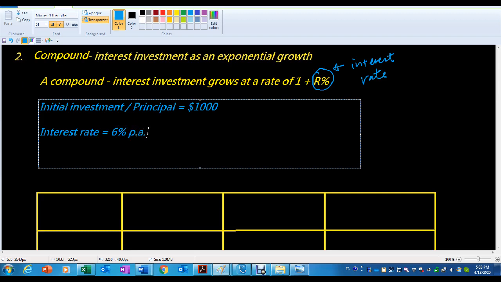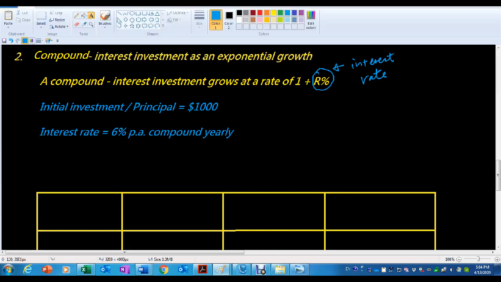PA means per annum, meaning yearly interest rate, compound yearly. You don't need to worry too much about that. It just means we calculate the interest on a yearly basis, every year. For all our questions in the book, all interest will be compound yearly. There's no exception.